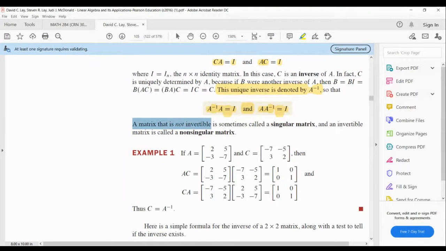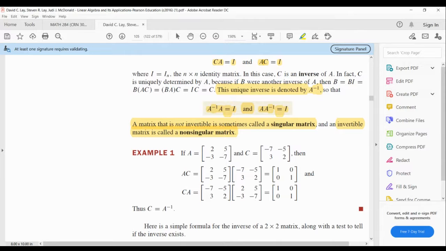A matrix A that's not invertible is what we call a singular matrix, and an invertible matrix is called a non-singular matrix.